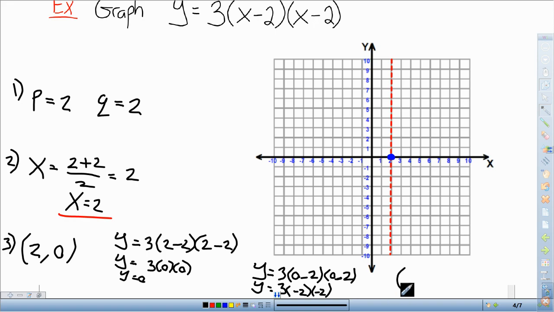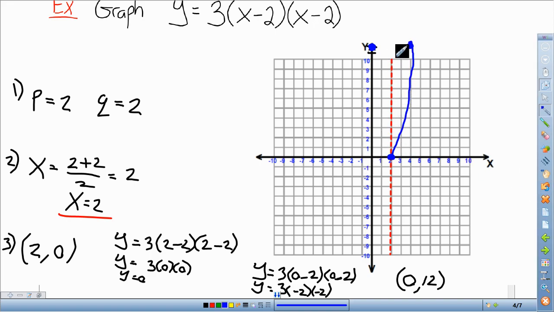So my point is when x is 0, y is positive 12, which would just be a couple ticks up here. So 0 on the x, 12 on the y. There's another point. It's 2 units to the left, so I can reflect it 2 units to the right. So here is my parabola.